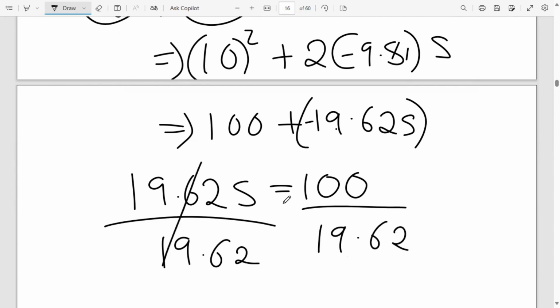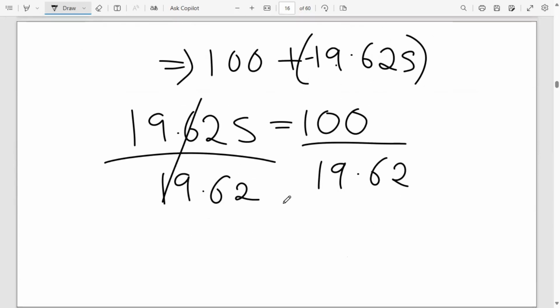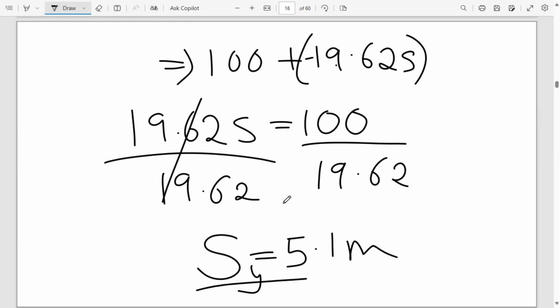So I'll cancel out this. I'm going to have my displacement in the y being equal to 100 divided by 19.62. So this is giving me 5.09. I can just say it's 5.1 meters, like that. Are we together?